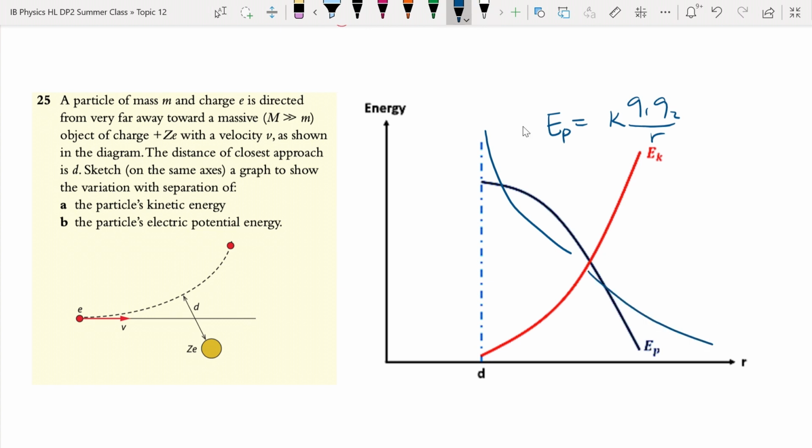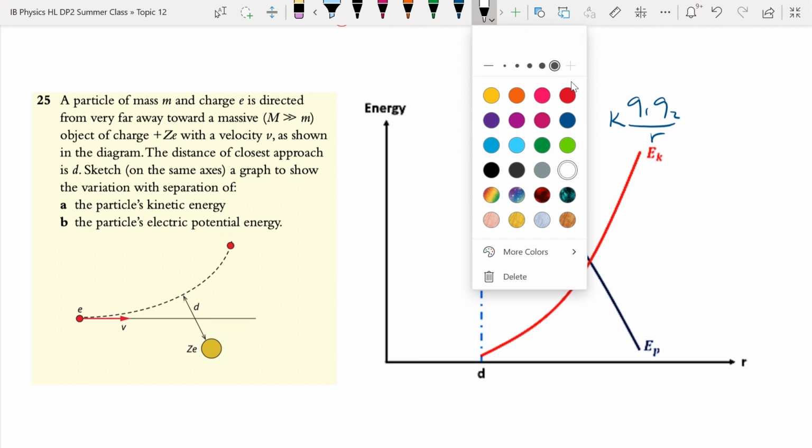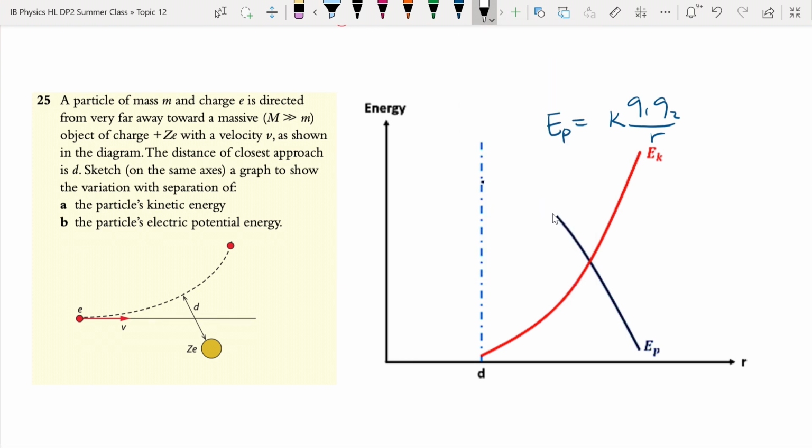So I'll erase the other one that is not correct. Actually, let me erase the other one first. It goes kind of like this, an inverse function.